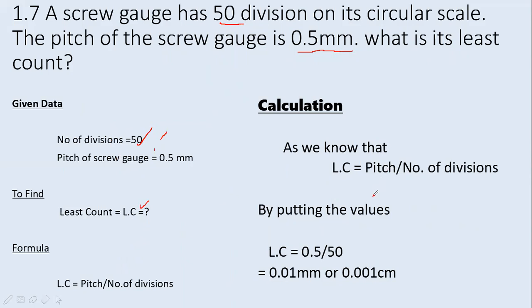By putting the values we will get the least count in millimeter and in centimeter also. The screw gauge we use in the lab has 100 divisions. Here it is 50 divisions. And the pitch of the screw gauge which we use in the lab is 1 millimeter, and here it is 0.5 millimeter.